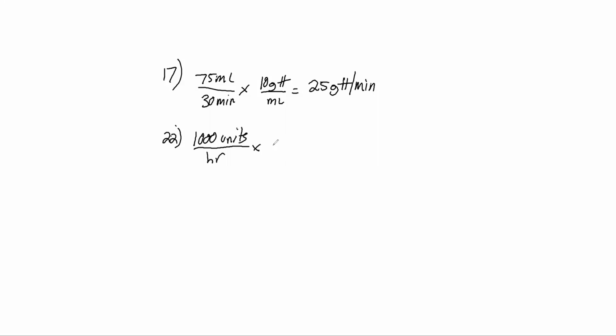And what I was saying before is, I don't want units, I want milliliters. They tell us we have a 1,000 milliliter IV bag that contains 25,000 units of heparin. So if that's what you said, you did everything correctly.